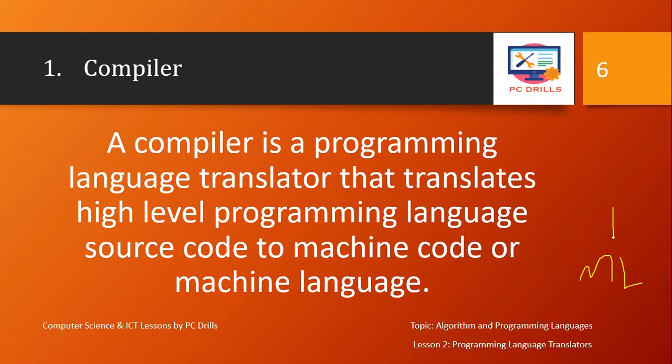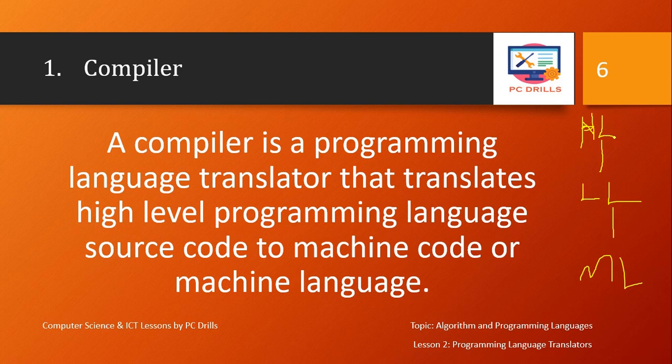Above the machine language, you have low-level programming languages. Low-level programming languages will be something like the assembly language and so on. Above the assembly language, you also have the high-level programming languages. And examples of the high-level programming languages are C, C++, Java, C#, Python, and the rest.